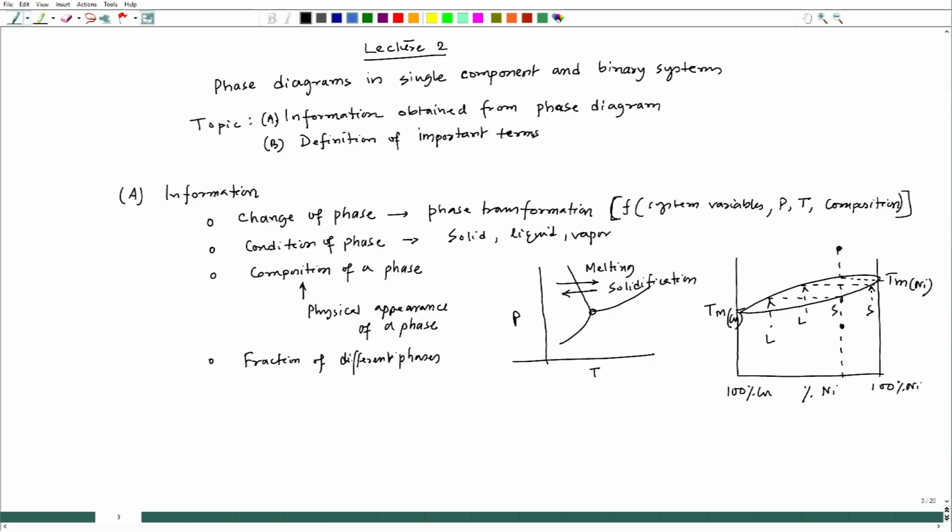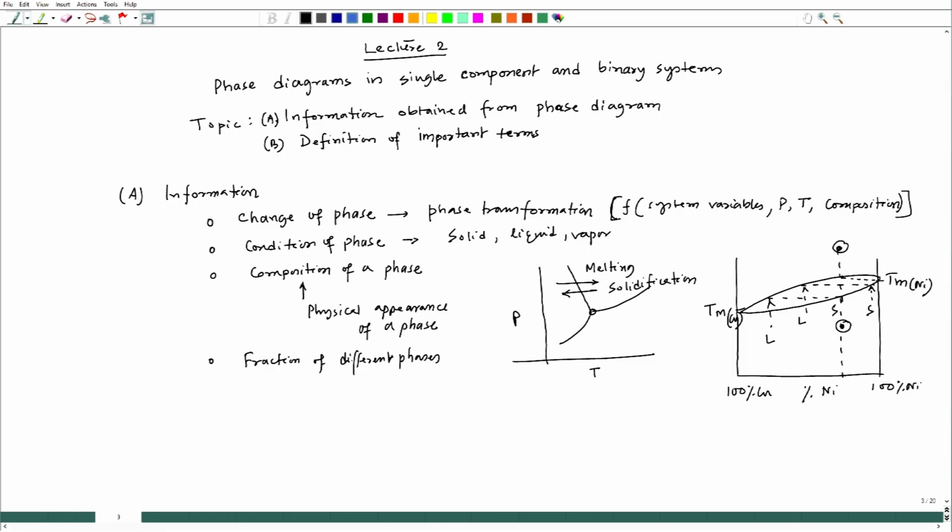Okay. And when we talk about fraction of different phases, if it is a single component, on a single phase zone it is 100% solid or 100% liquid. Similarly, in case of binary, on a single phase point like this point or this point, everything will be either liquid or solid.